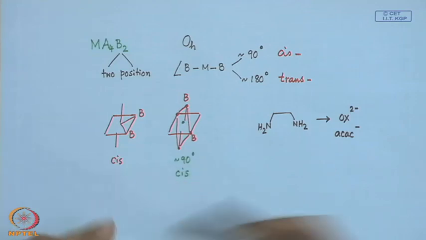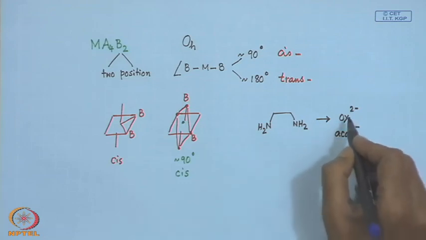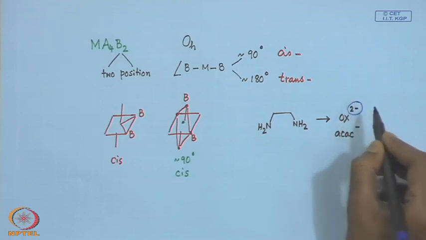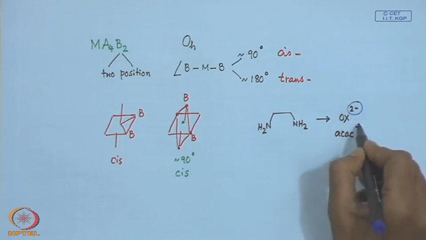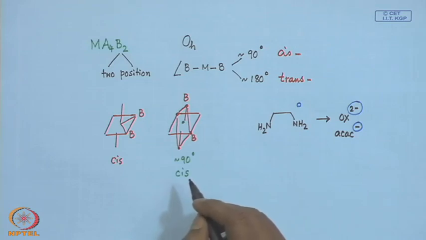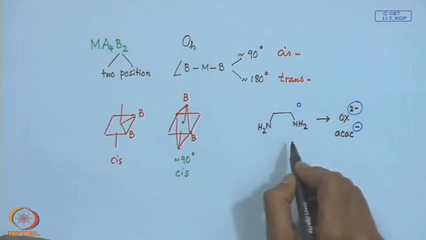So, from these three examples we have three different types of ligands: in case of oxalate ligand we have, after deprotonation, 2 negative charges, in case of acetyl acetone we have 1 negative charge, and in case of ethylene diamine we do not have any charge, it is a neutral molecule.